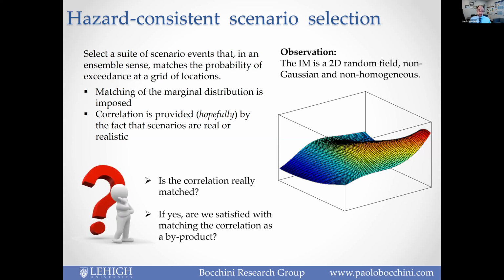Now, I was not entirely satisfied with this concept, because the reason why we're doing all this is that we want to capture that correlation. So I wanted to find an approach that is a little bit more deliberate in addressing this correlation and not just match it as a byproduct.